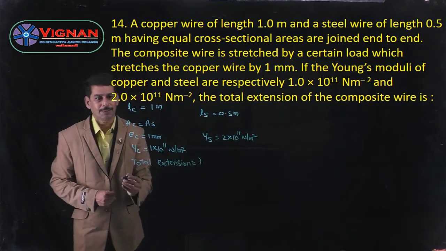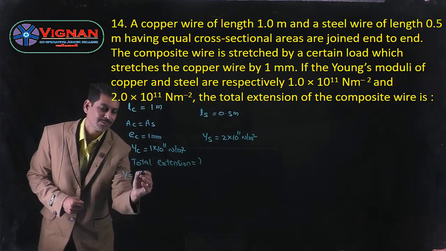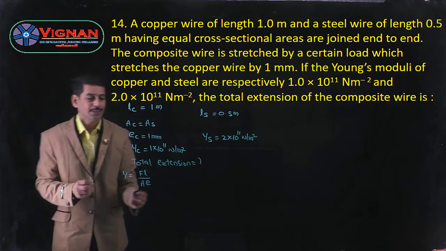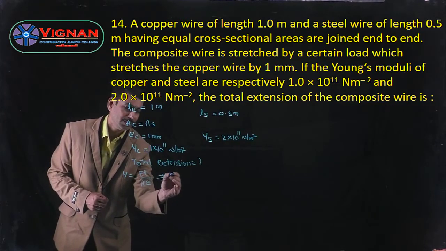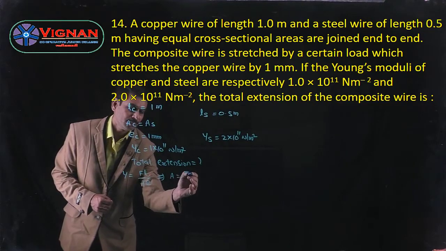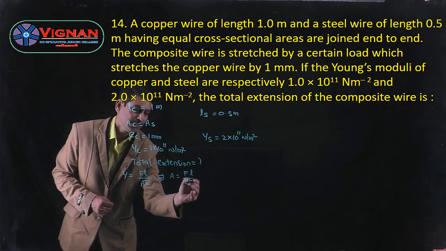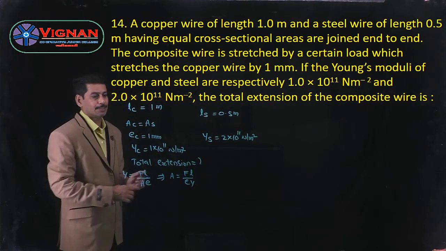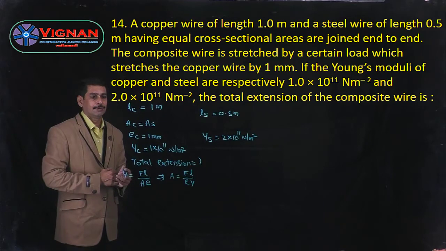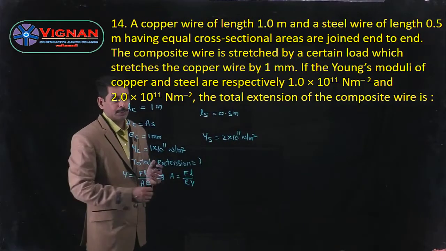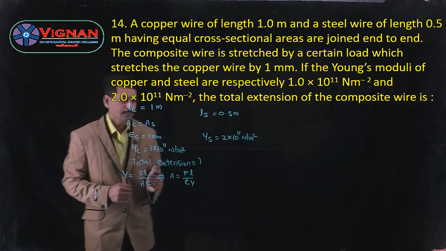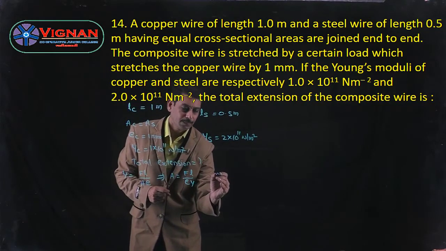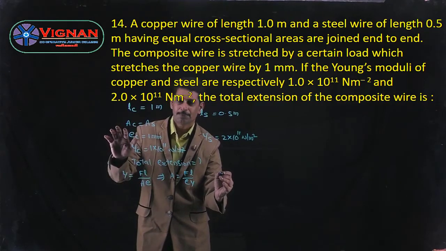So here the formula is Young's modulus, which is given by FL by A times elongation, and here the area is the same, so A is equal to FL by E Y. Here the area of the copper is the same as the area of the steel.